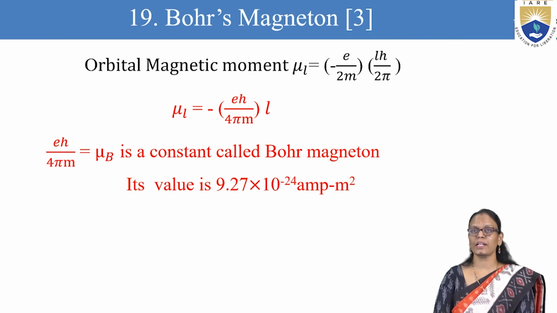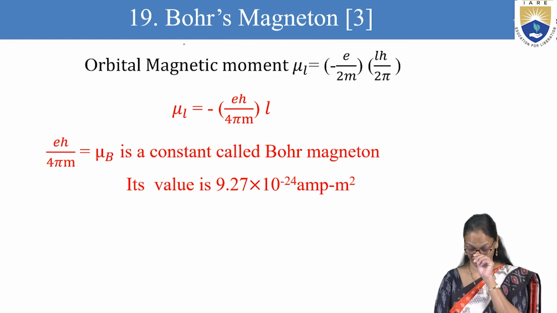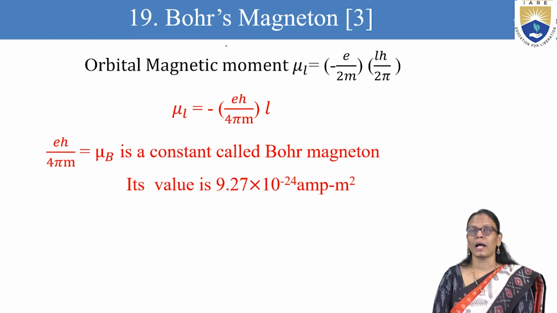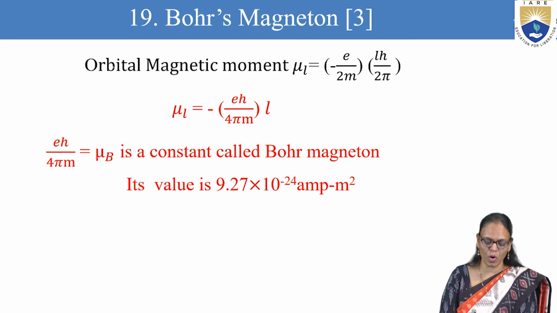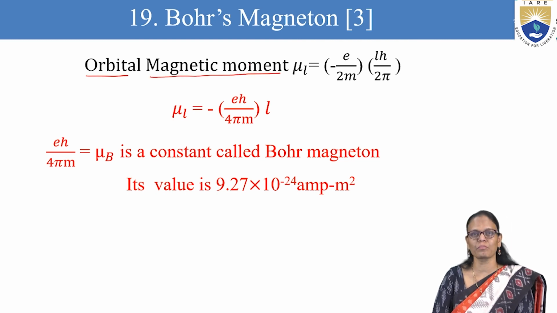Now the next one is, what is Bohr's magneton? Bohr is the name of the scientist, and he gave us a constant which we call Bohr's magneton. This comes from the formula for orbital magnetic moment. What is orbital magnetic moment?